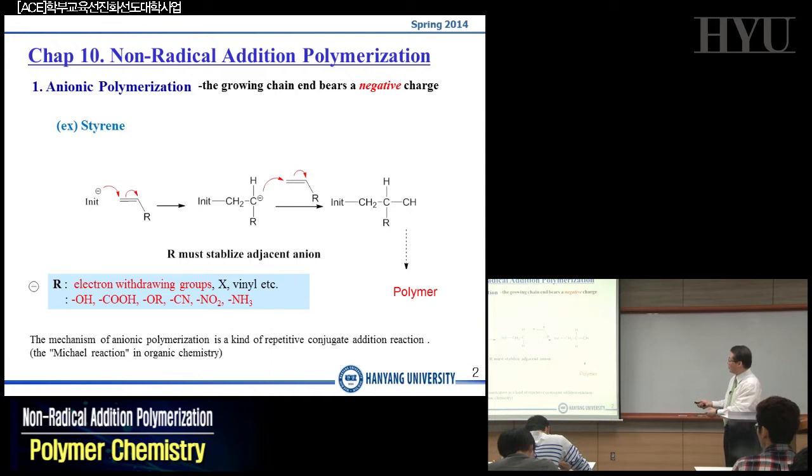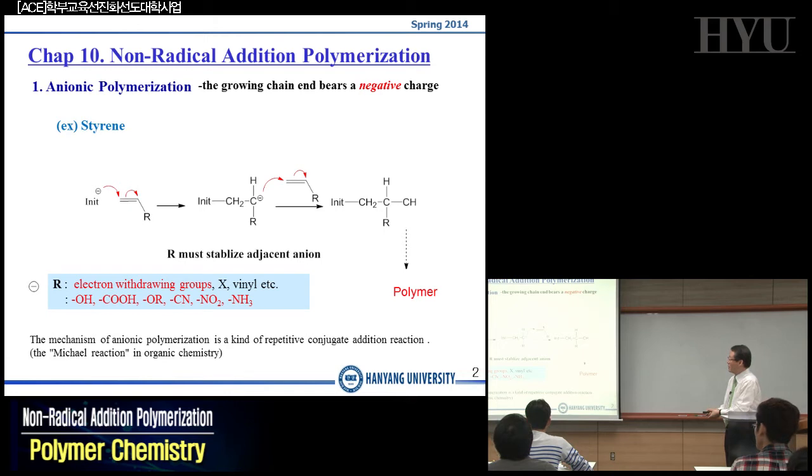So it will become a polymer, and that's why this is called the anionic polymerization reactions. But we should have again the R should be an electron withdrawing group, such as halogen or vinyl group, or many of the other strong electron withdrawing groups, or something like this.